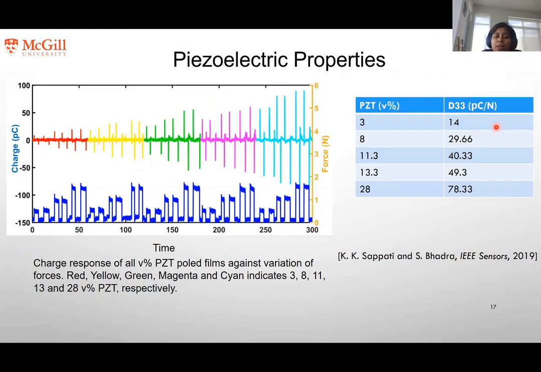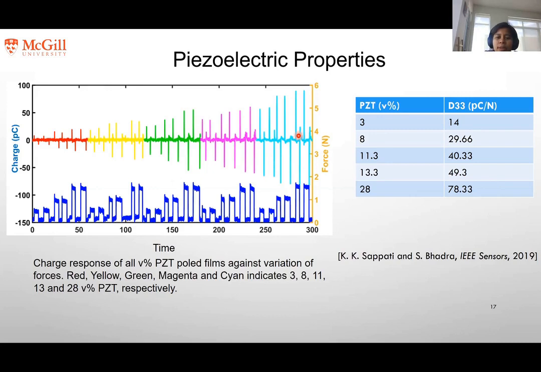And then finally, we wanted to measure the D33 piezoelectric charge coefficient. So we took films of different volume percentages, and we applied 0.5, 1, and 1.5 Newton step force on all of those films. This is the response for charge that we generate.